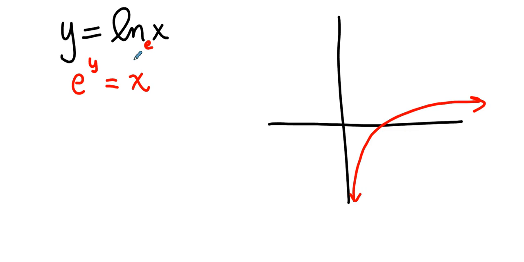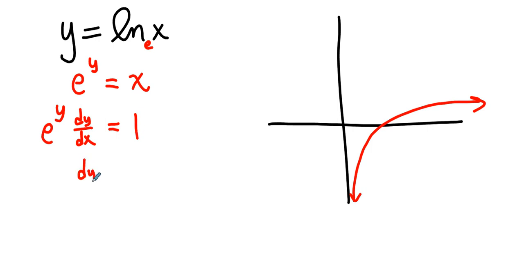Well, lucky for us, we know how to take the derivative of that red line. We take the derivative of this using implicit differentiation. The derivative of e to the y is e to the y times the derivative of y with respect to x. Derivative of x is 1.